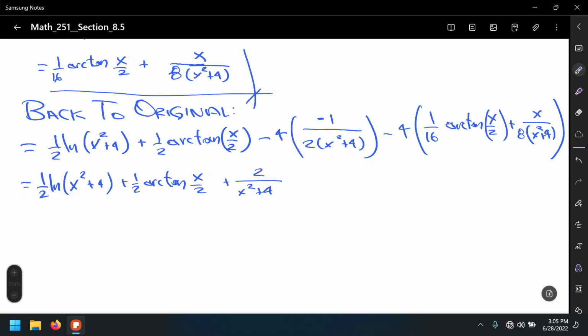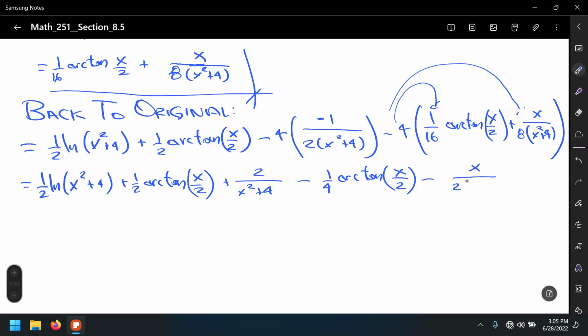Alright. And 4 over 16, isn't that a 1/4? Arctan x over 2. And negative 4, that also distributes with this. Okay, 4 over 8, isn't that negative a half? Negative x over 2 x squared plus 4.